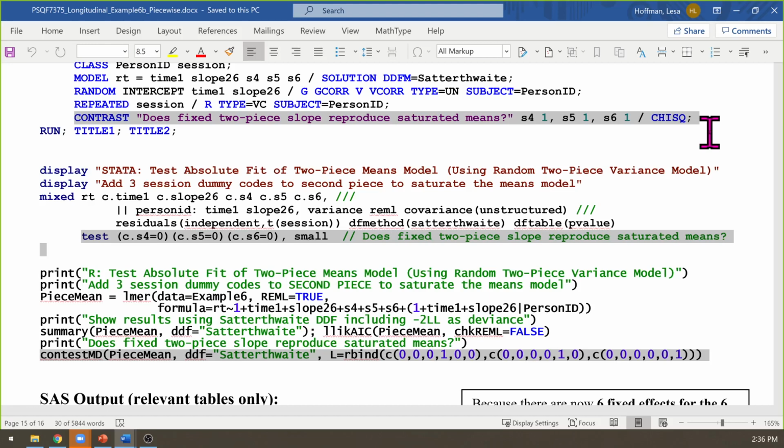Like in a stepwise regression, I'm testing the change in R². I'm asking for a contrast that does that test for me. I'm adding the chi-square option in SAS so that the comparison is on the same scale as the chi-square result that we'll get from likelihood ratio tests.